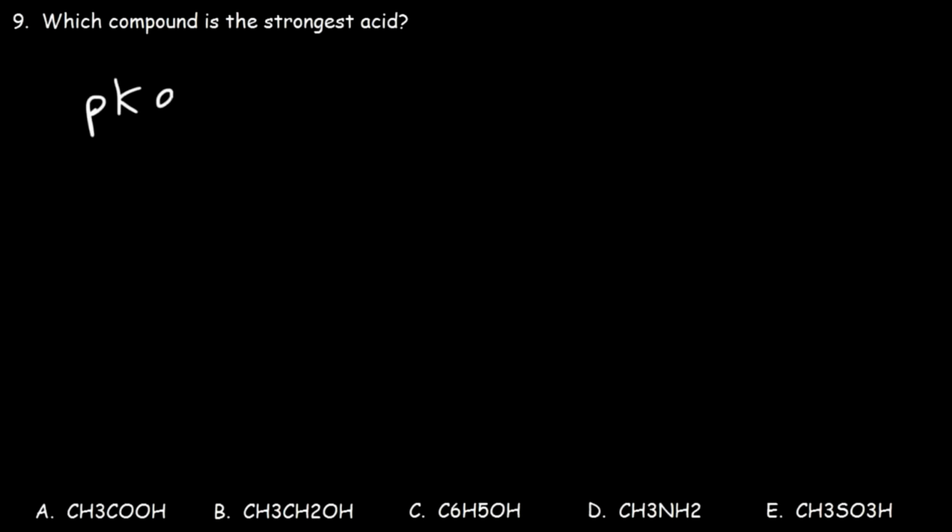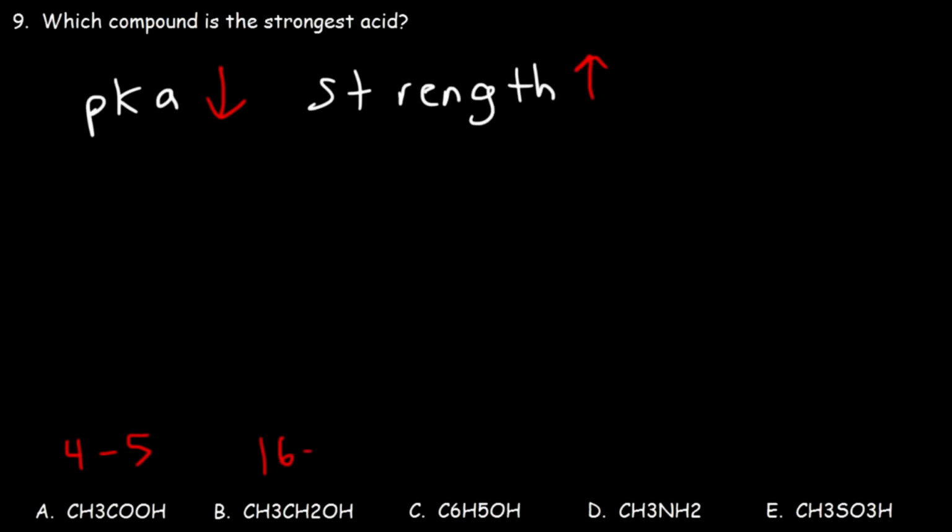As the pKa decreases, the strength of the acid increases. So the one with the lowest pKa is going to be the strongest acid. Carboxylic acids have a pKa of about 4 to 5. Now answer choice B, we have an alcohol, which most alcohols have a pKa roughly between 16 and 18. In the case of ethanol, ethanol has a pKa of 15.9.